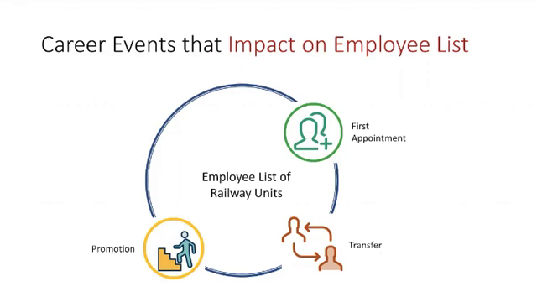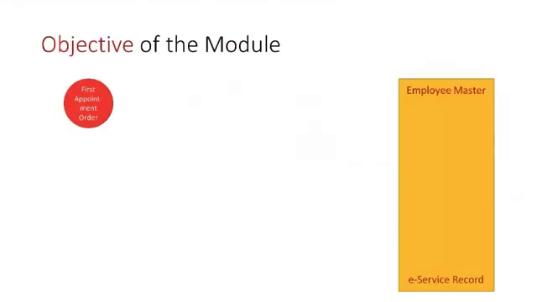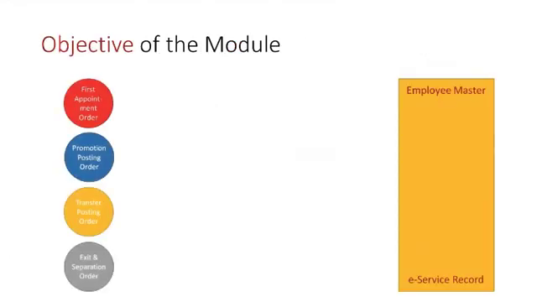And then exit due to superannuation or any other events. When a person leaves the system, whether it be resignation, voluntary retirement, or separation in terms of superannuation or an EDR case, whatever that might be. We will see how this is to be treated as an event and how a trigger is to be used in terms of updation of our data.